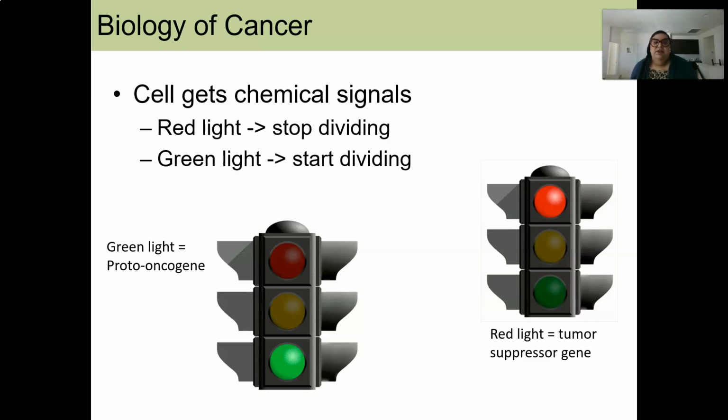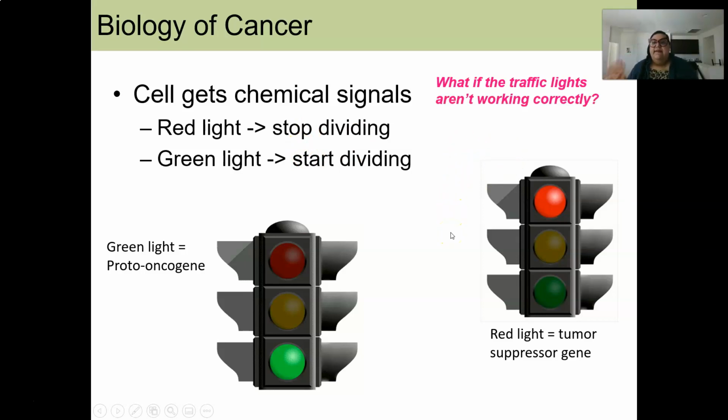It's a signal that says, go ahead and grow. It's a green light that turns your cells on and says, this is a time, cells, that we would really like you to grow. A red light is a tumor suppressor gene that says, now is not the time to grow. Stop.